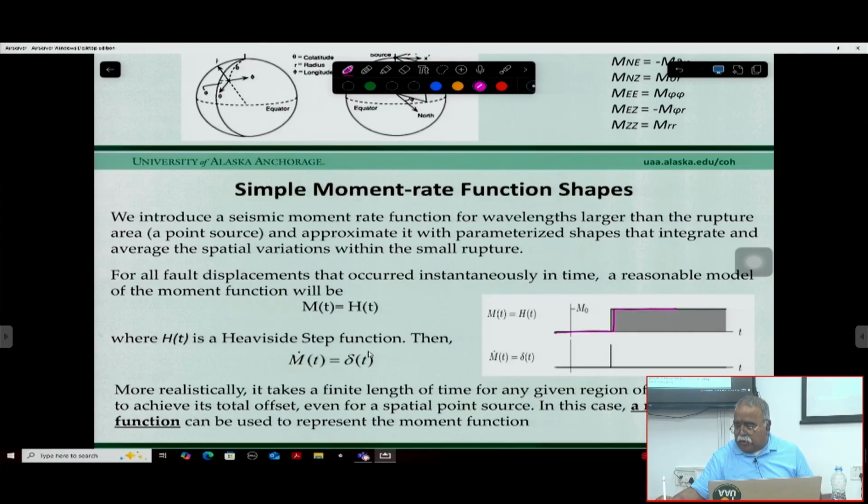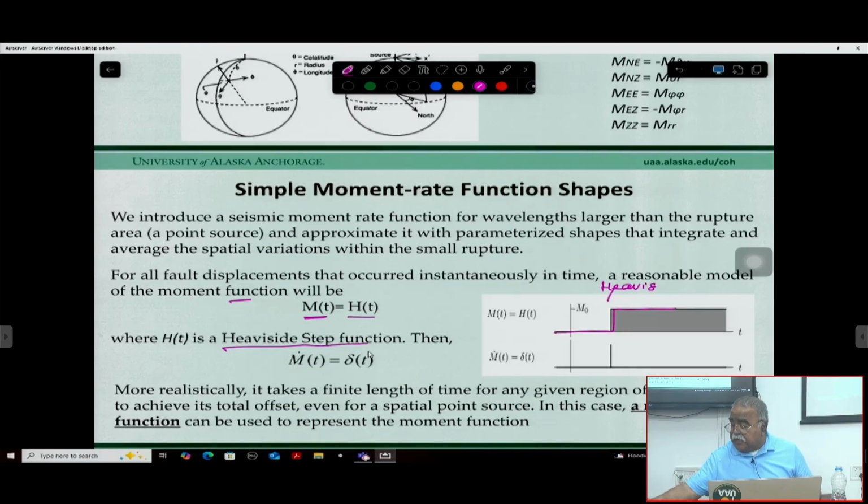So M(t), the moment function, I can model as some sort of a Heaviside step function. We call it a Heaviside step function, H(t).